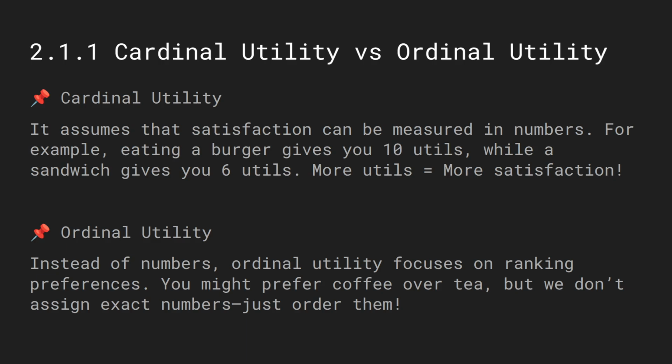And ordinal utility, instead of numbers, focuses on ranking preferences. You might prefer coffee over tea, or you might prefer burger over vegetable salad. But we don't assign exact numbers in ordinal utility, just order them.